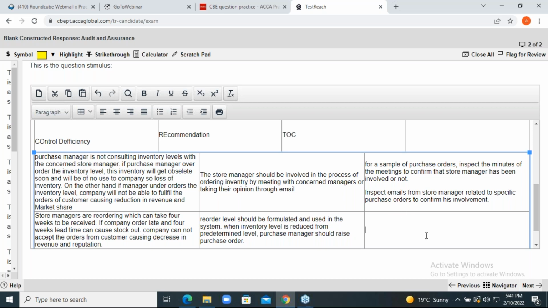Now we can use test data to confirm that inventory levels of a sample of items fall below the reorder level and that a purchase order should be issued.